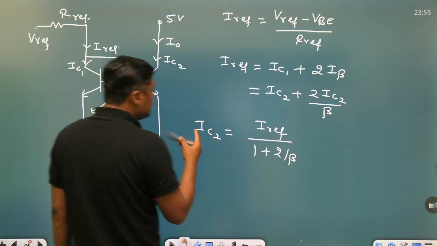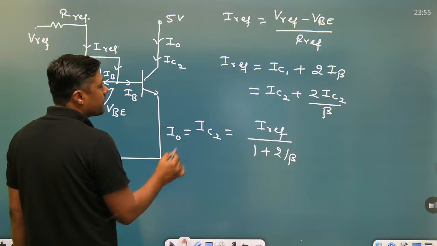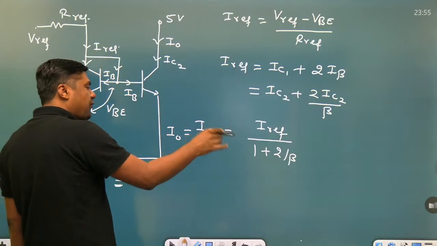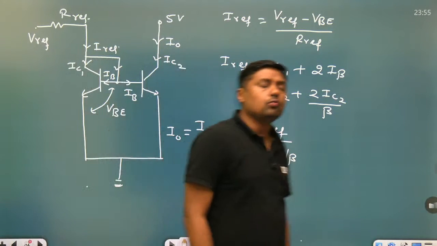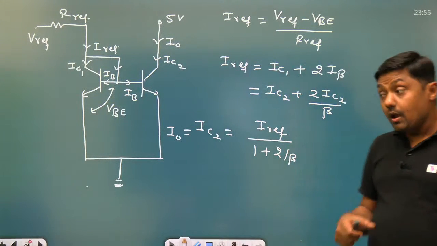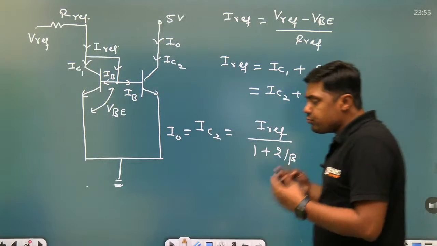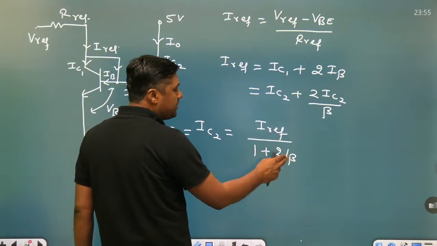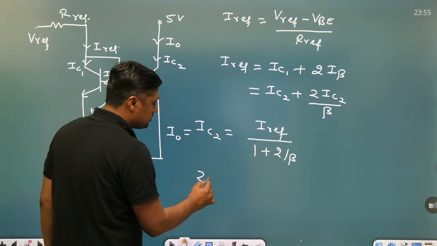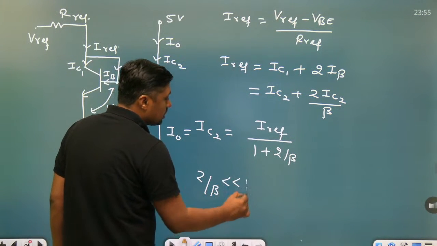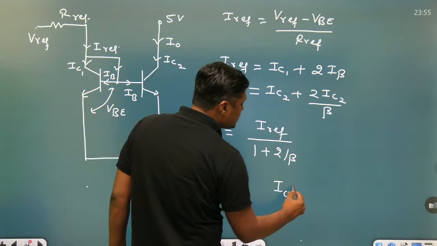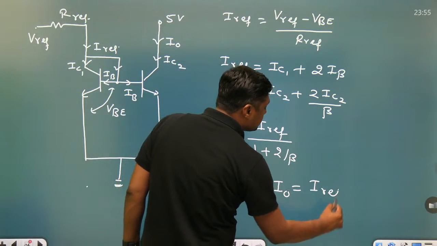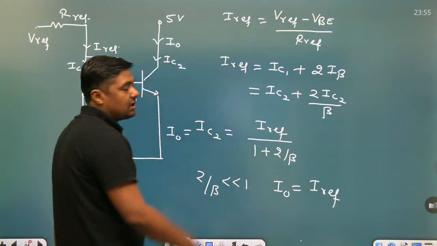And this IC2 is nothing but I0. That is the formula. When beta is very, very large, 2 by beta is very much less than 1, and then we can say I0 is exactly equal to I reference, and you can directly say it.